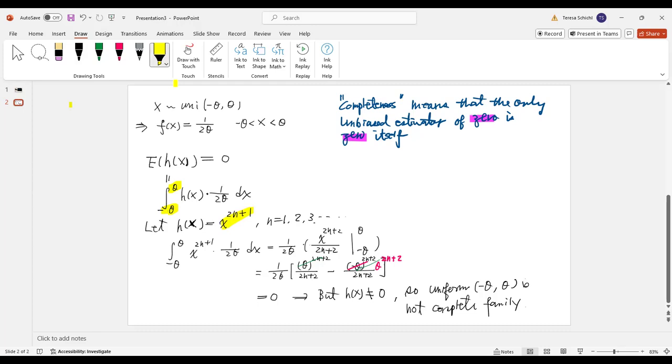That's why I find a counterexample function. The expected value of this function is equal to 0, but the function itself is not 0, so I know this family is not a complete family. It's a pretty fun problem.